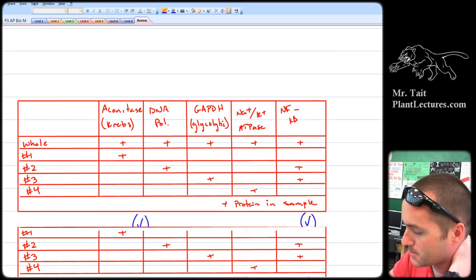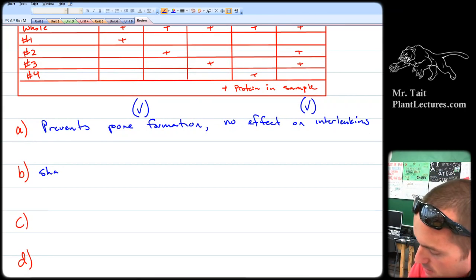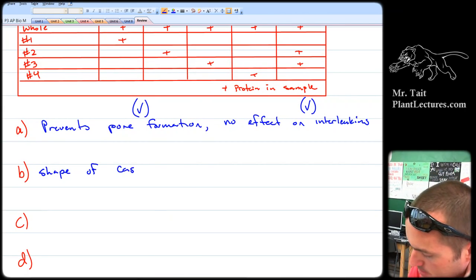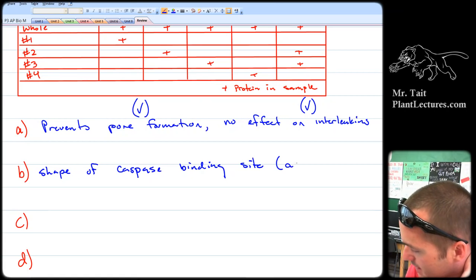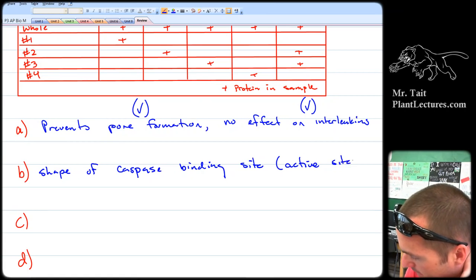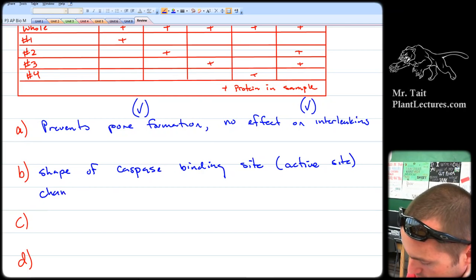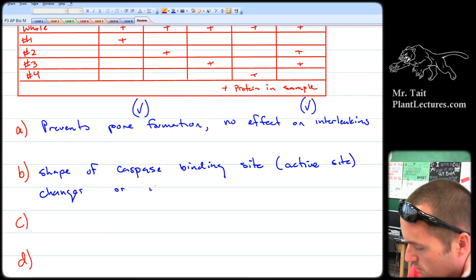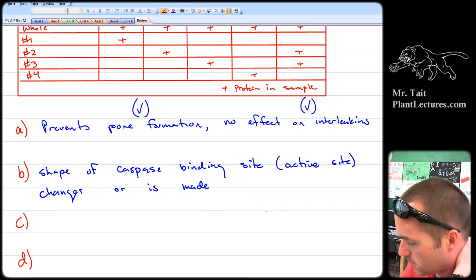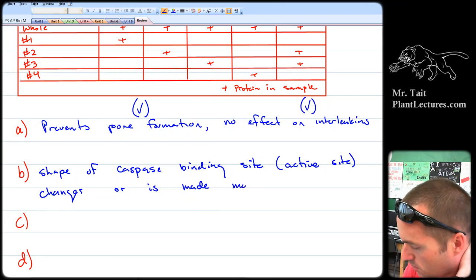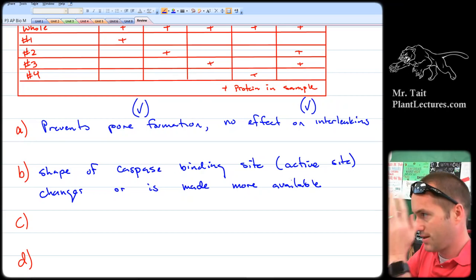So in this case, we could say something like the shape of caspase binding site. You could have said active site. Changes or is made more available, like it opens it up or something like that.